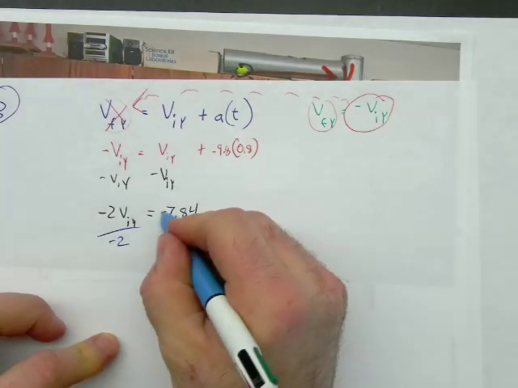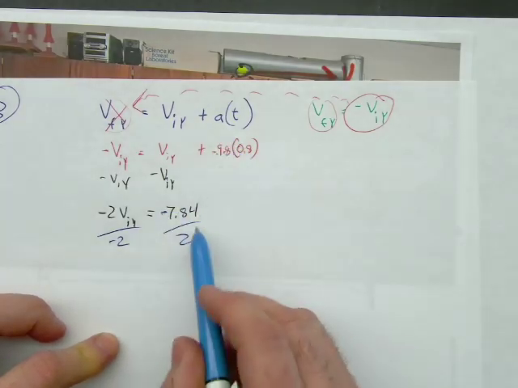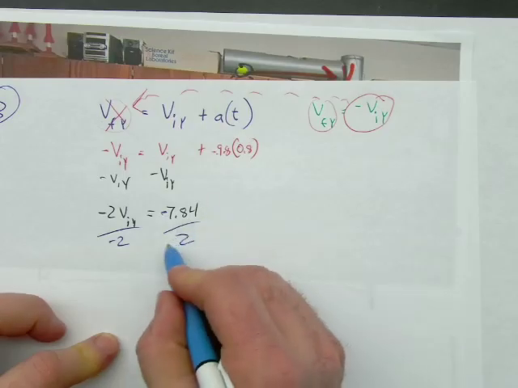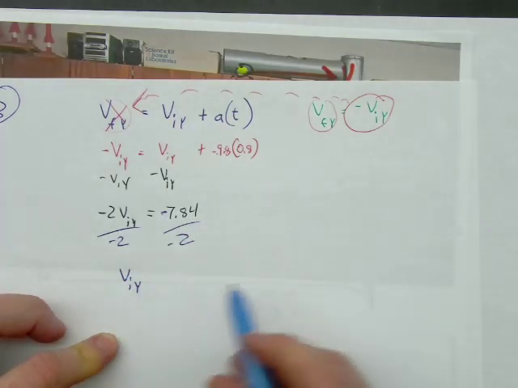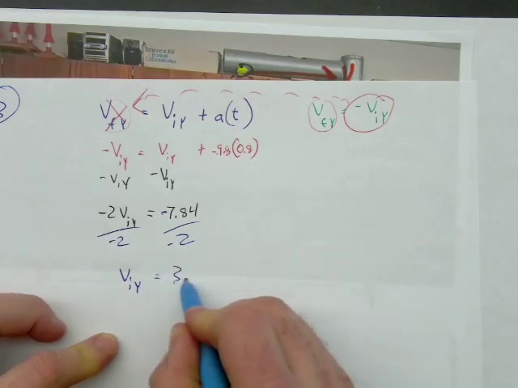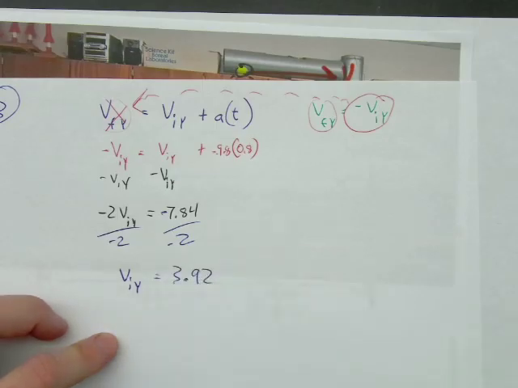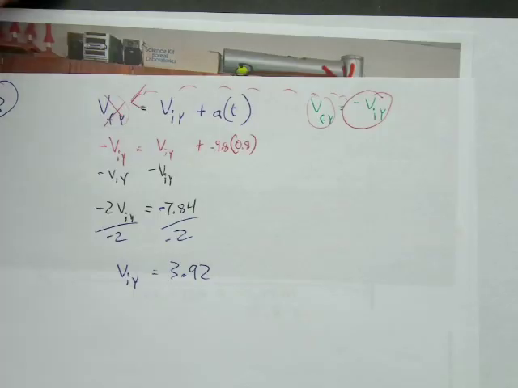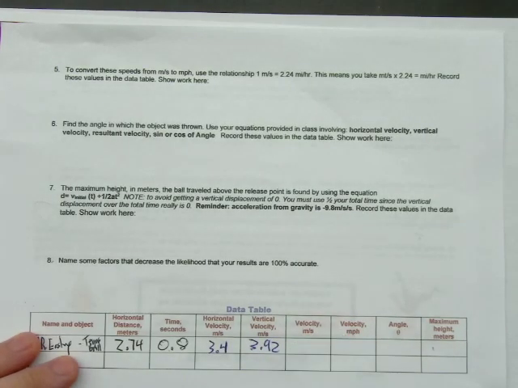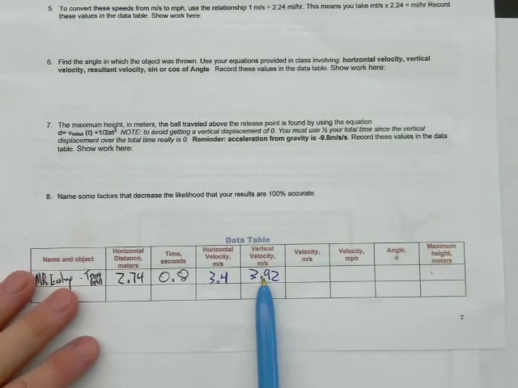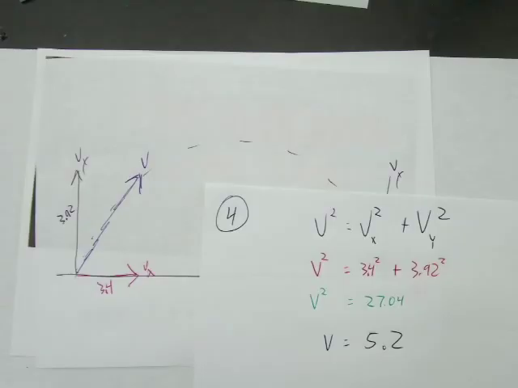I'm sorry, this should have been a negative because we had a negative number there, so that would be negative 7.84. And so you're going to find that velocity initial on the y-axis is going to be equal to 3.92. And we can put that in our data table, 3.92. There it is, data table 3.92.